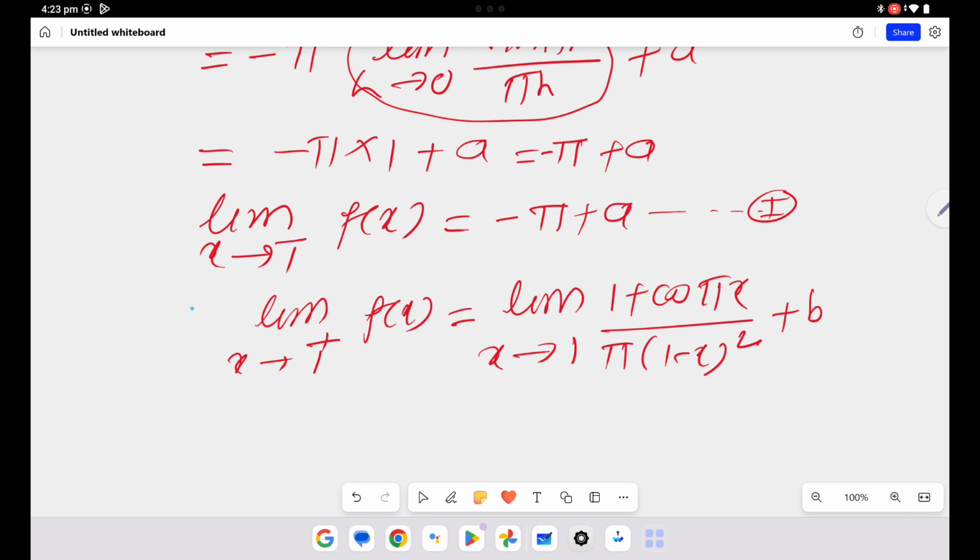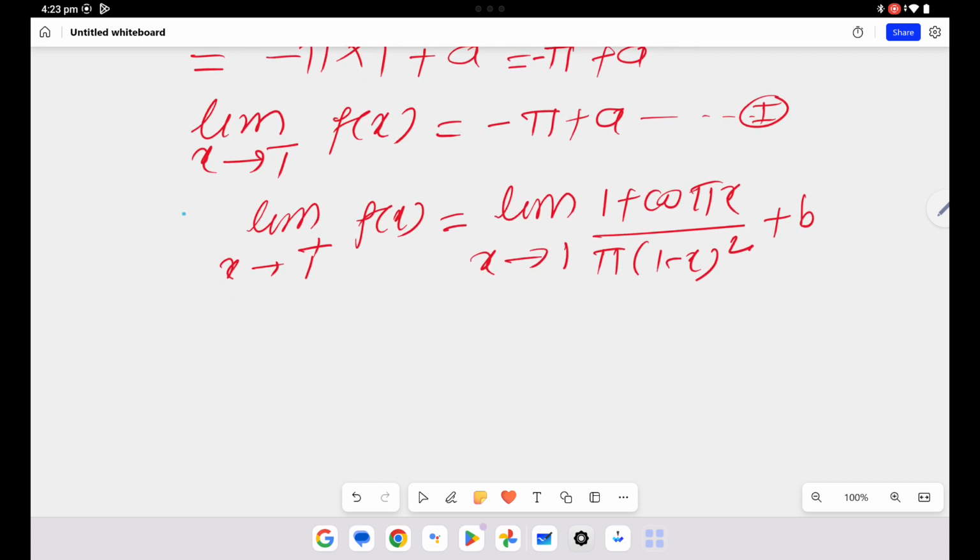Then again here we use the method of substitution, because the limit is non-zero here. Put x is equal to 1 plus h. As x tends to 1, we get h tends to 0.